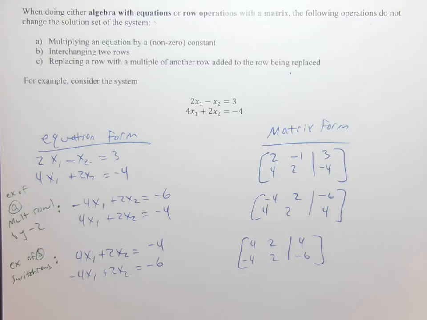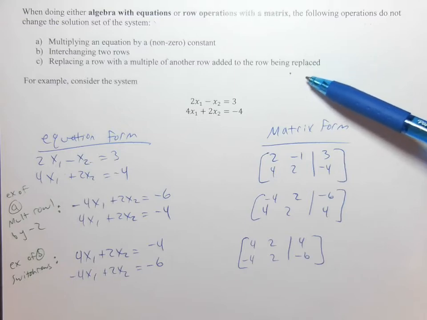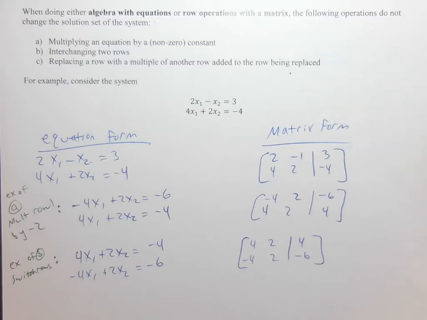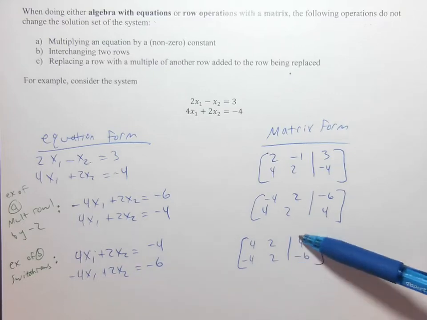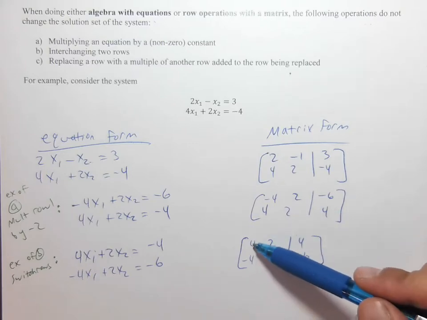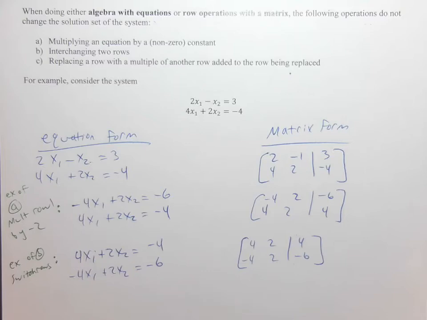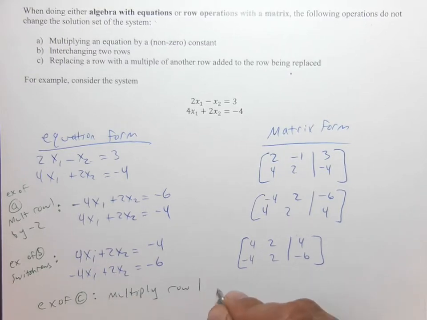Now, as I mentioned, part C, replacing one row with a multiple of another added to it, that's what we usually end up doing to try to solve these things. And so the whole reason, as I mentioned, we multiply by -2 is because if I add the two equations together here, or if I add these two rows together, right, these two x1s are going to cancel, which we know is helpful from the intro section. And in other words, these two things are going to cancel. So for an example of C, we're going to multiply row 1 by 1.